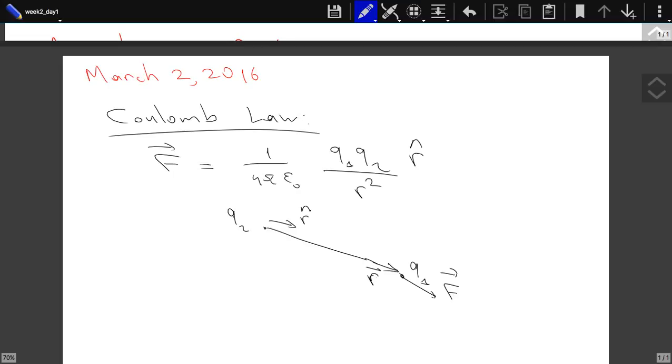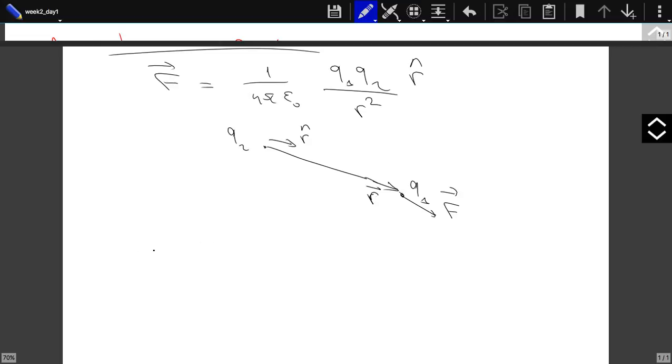So it's important that you understand what this equation means. And then we also defined one more concept, the electric field. We said that the electric field at a given point is nothing but you put a test charge over there, let's say Q prime, you measure the force that the Q prime charge feels at that point, divided by the charge, and of course you assume that the charge should be small enough so that you don't change the system by putting this Q prime charge over there.